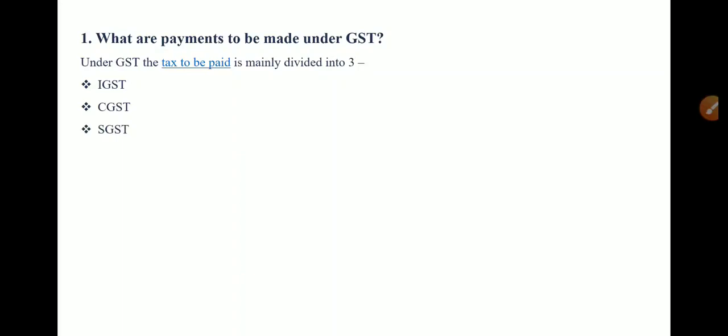So we pay GST to the central government as well as to the state government. First, before stepping into the payment procedure, we should understand what IGST, CGST and SGST are. I think you might know what they are. See, it is very simple.